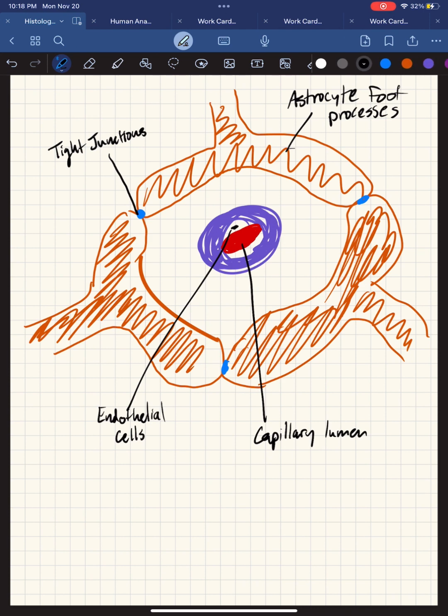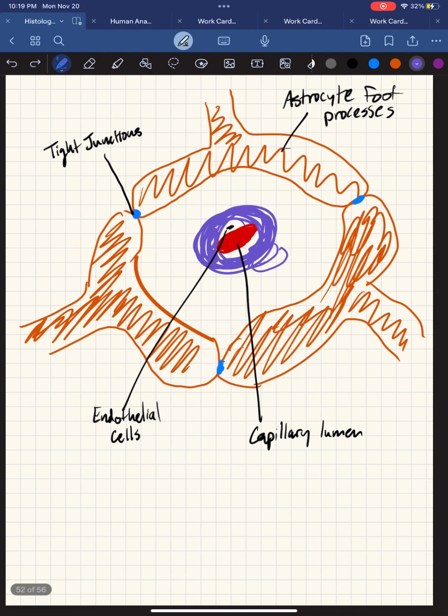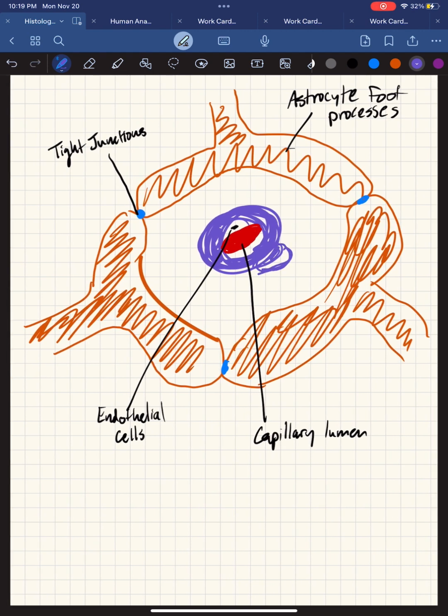And on this capillary lumen endothelial cell matrix, there's actually a projection that comes off. It's not this aggressive. It's a little bit more understated, but for pictorial purposes, I'm going to make it pretty distinct.